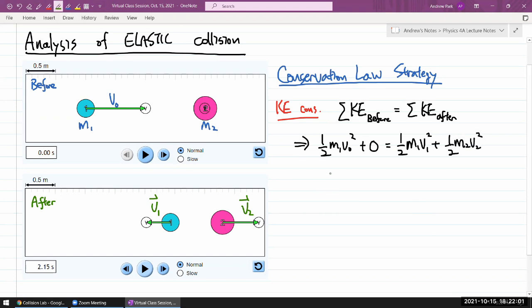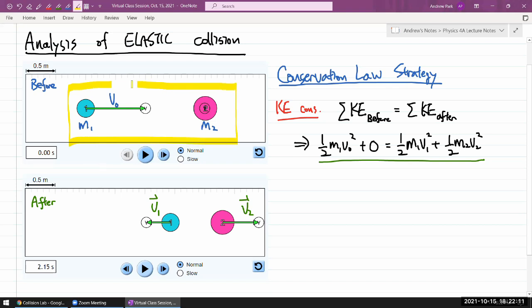Now, as you look at this expression, I hope you see that, assuming all the quantities in the initial setup are given, which is typical, you have two unknowns. You have V1 that's unknown, and you have V2 that's unknown. So with two unknowns, you need more than one equation.